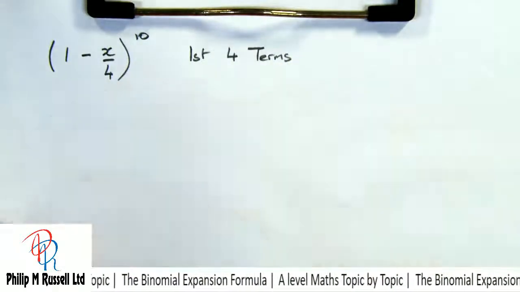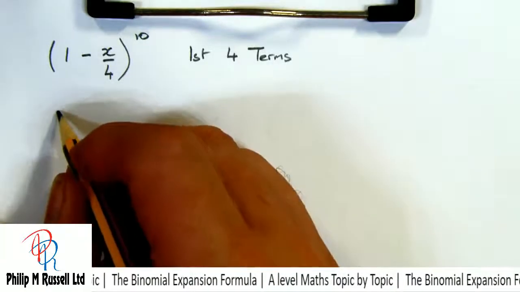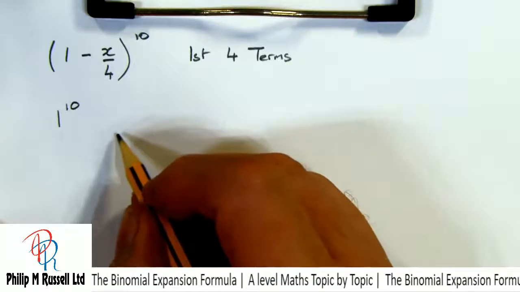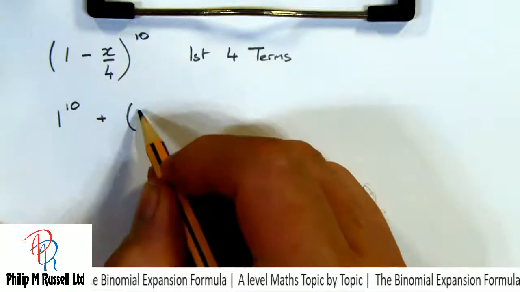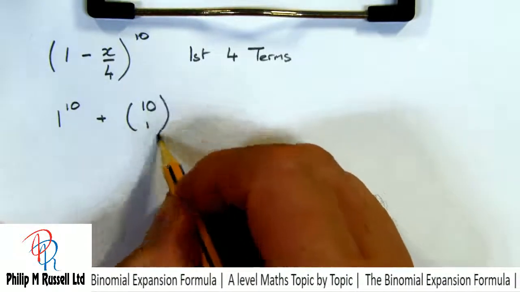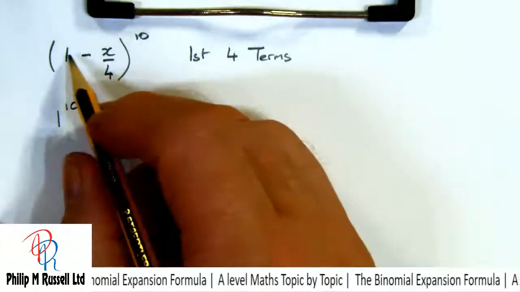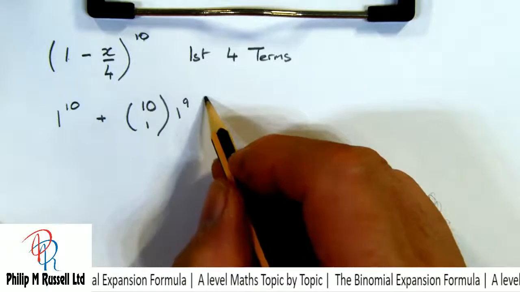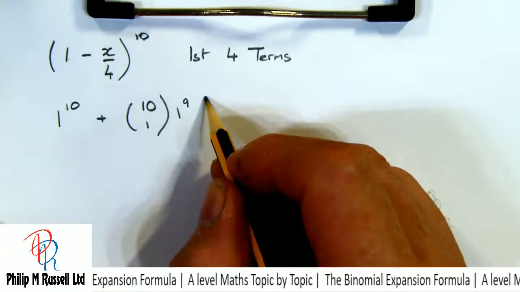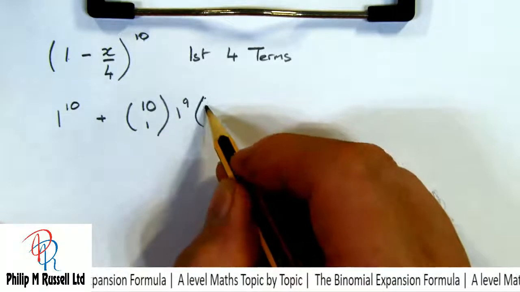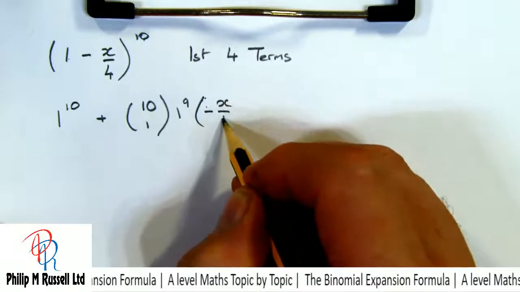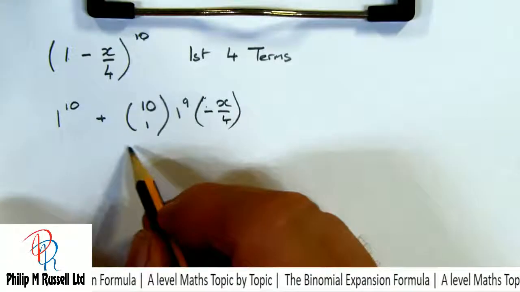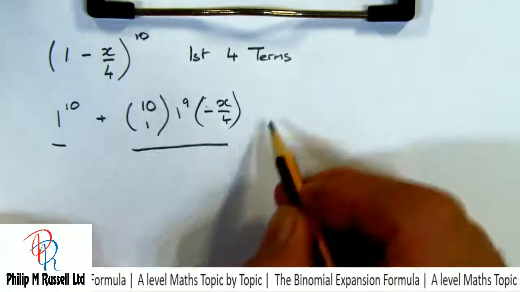We do the same as we've done all along, so this is going to be 1 to the 10 for the first one, plus this is going to be 10 1, our NCR, this is going to be 1 to the 9, and then we've got this bit which is going to be times by minus x over 4. There's our first term, our second term.